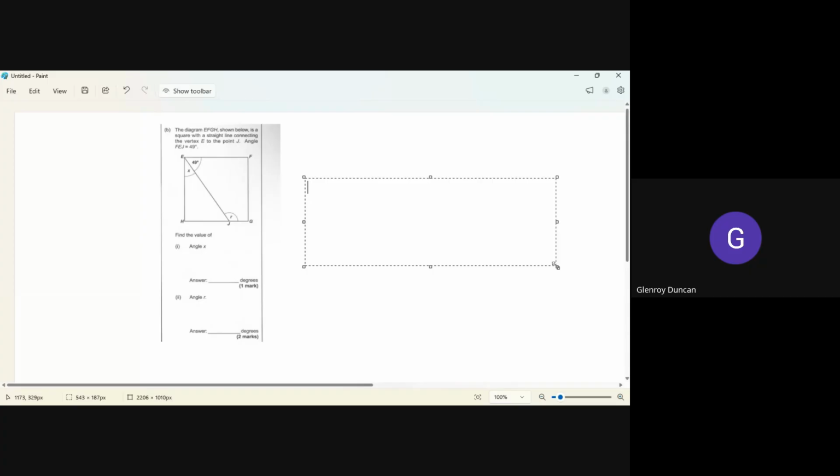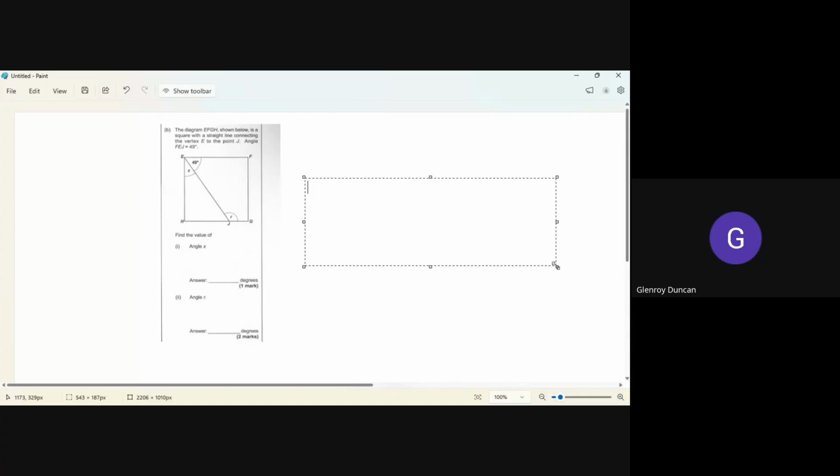A quadrilateral has 4 sides with 4 angles, and the sum of all the interior angles of a quadrilateral is equal to 360 degrees. That's the sum of all the interior angles.